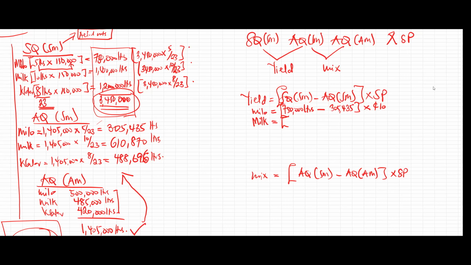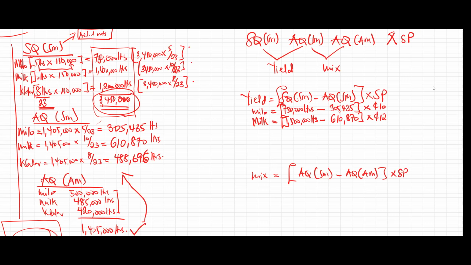Then milk: 1,500 liters, 155 meters, minus 610, 610,870. And before that, what was the standard price for milk? The standard price is 12 cedis.